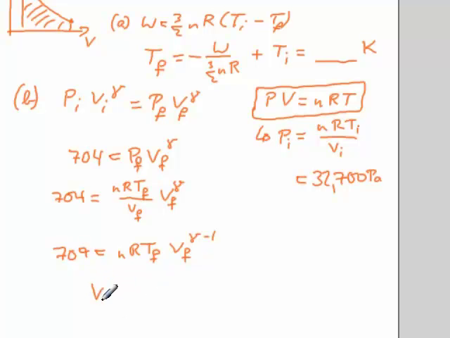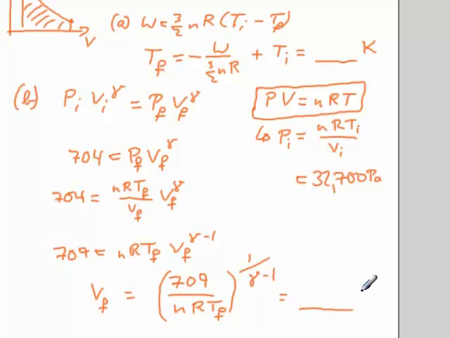And then to solve for VF, it would be 704 divided by nRTF, in parentheses, and then in order to get rid of the gamma minus 1, I need to take the root on the other side, and that can be written as such: 1 over gamma minus 1, again with some law of the exponents, and I come up with something, and because everything is in standard units, this will also come out to cubic meters.